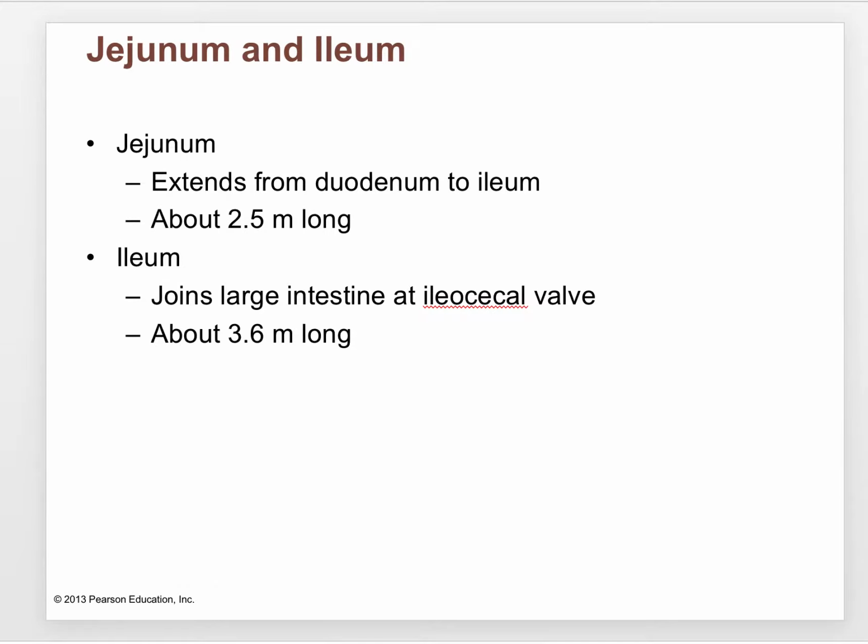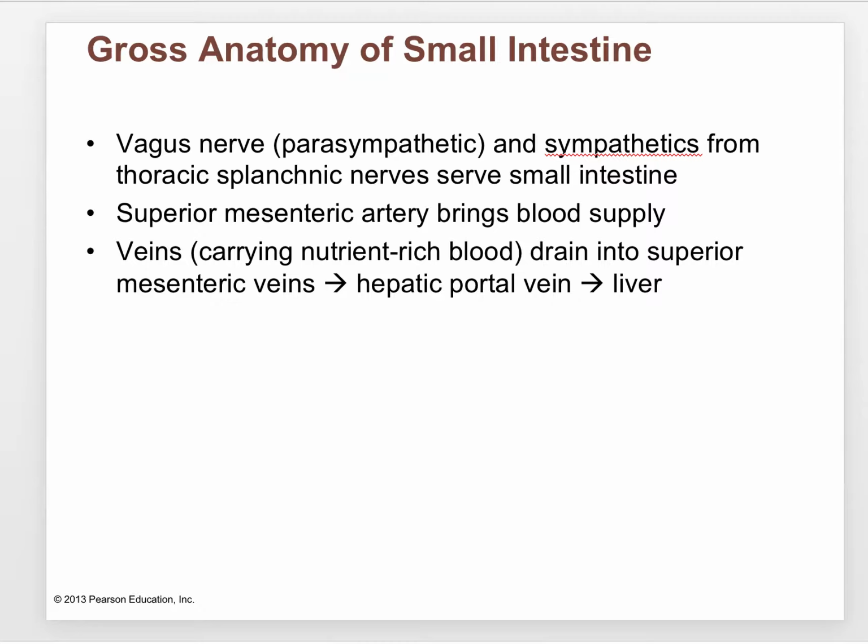The jejunum goes from the duodenum to the ileum. It's about 2.5 meters long. The ileum joins the large intestine at the ileocecal valve, and it's about 3.5 meters long in an average person. The vagus nerve supplies parasympathetic innervation, and sympathetic innervation is through thoracic splanchnic nerves to the small intestines.